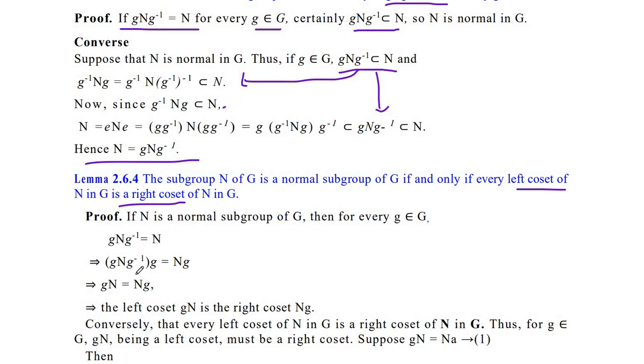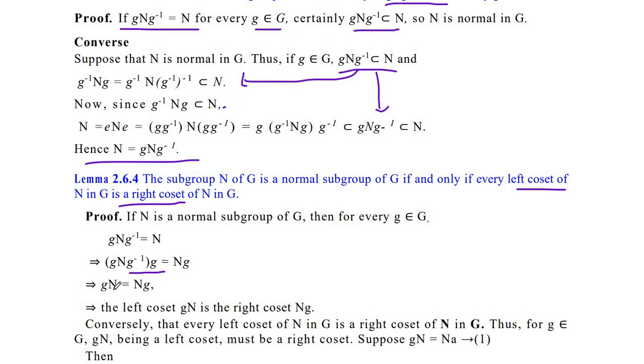Now if we consider gNg⁻¹g, that is nothing but Ng. Now from here you club these two, you get e. So gNe, which is the same as gN, is equal to Ng.